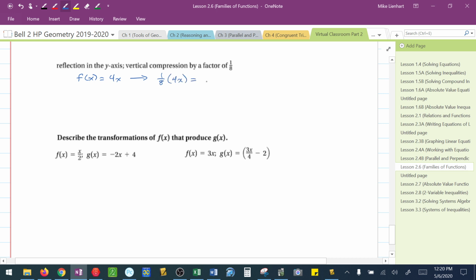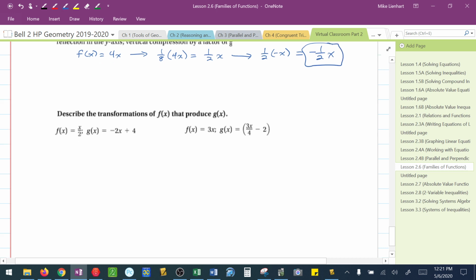Now I'm going to clean that up. That's really now 1/2 x. And then they say they want me to reflect it over y. Well, reflecting it over y means I have 1/2 times negative x, which would be negative 1/2 x. And this is my end result function.